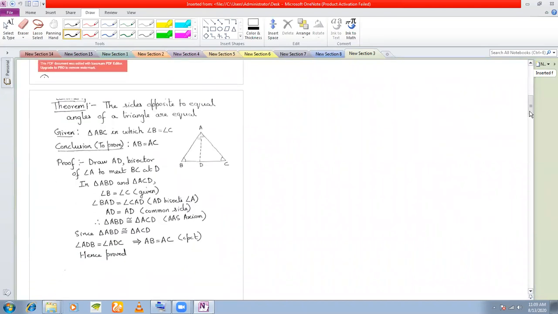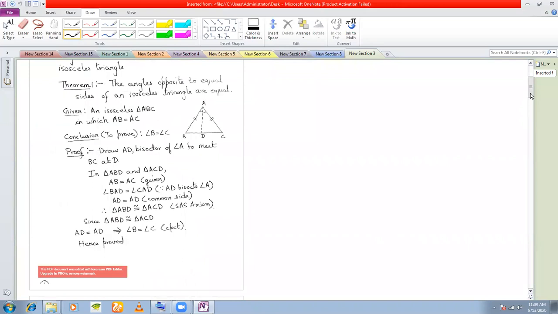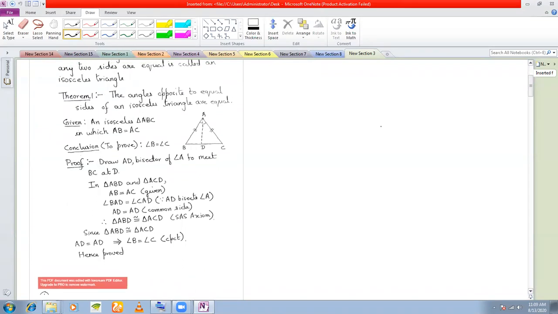Okay, the first theorem is that the angles opposite to the equal sides of an isosceles triangle are equal, which till now you have known as the base angles of an isosceles triangle are equal.